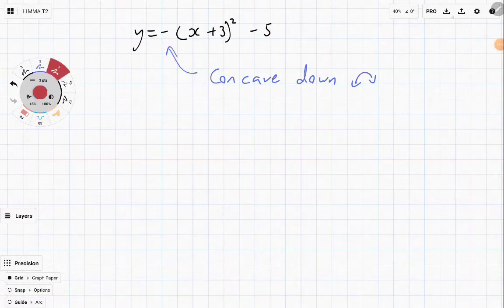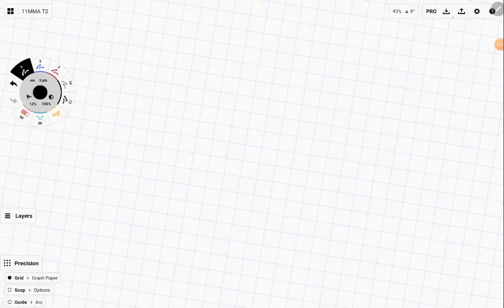Now we can just read off these two points. Remember, we're switching the sign of the x point, and that's going to give us our turning point. So that means our turning point is going to be (-3, -5), and it's going to be concave down. And now we're good to sketch. We don't need that much information.